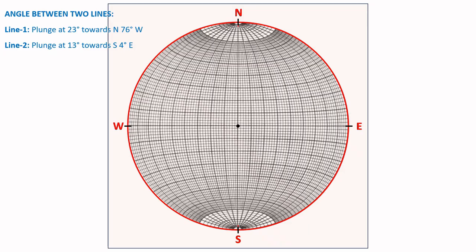The trend is north 76 degrees west and the plunge is 23 degrees. From the north direction, move 76 degrees towards the west and mark this point on the primitive circle.